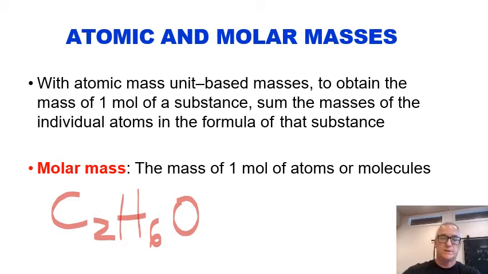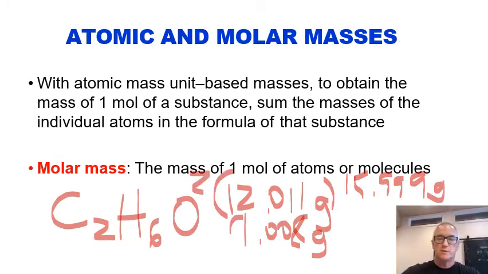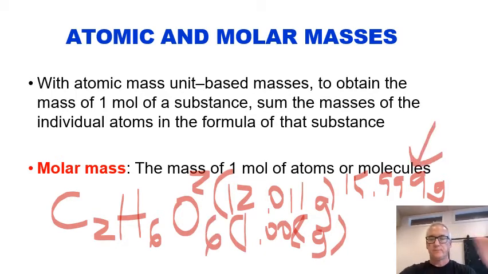So we just go, carbon is 12.011 grams, hydrogen is 1.008 grams per mole, and oxygen is 15.999 grams per mole. Now we would multiply this one by 2, we would multiply this one by 6, and we leave that one alone. And then we just sum them, and that would give us the molar mass of ethanol. Okay, we'll do a lot of examples of this, so don't worry.